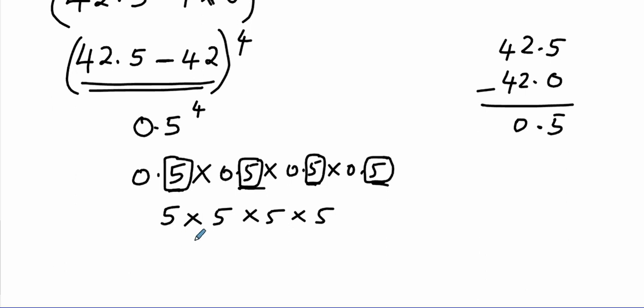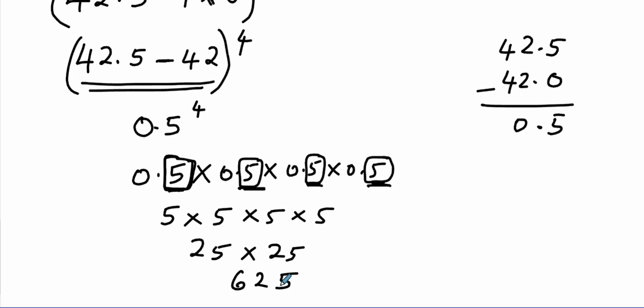What is 5 times 5? The answer is 25. What is 5 times 5? The answer is 25. And what is 25 times 25? The answer is 625. Now count how many decimal places are here. We have one decimal place here, one decimal place here, one decimal place here, one decimal place here. Total, we have how many decimal places? 1, 2, 3, 4.